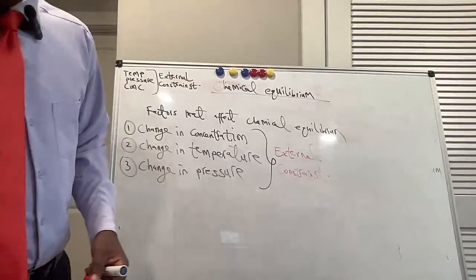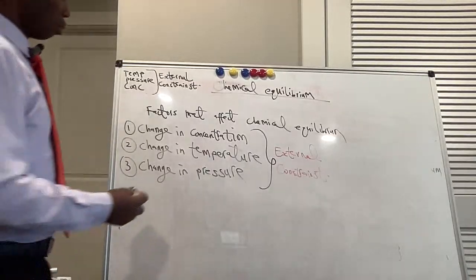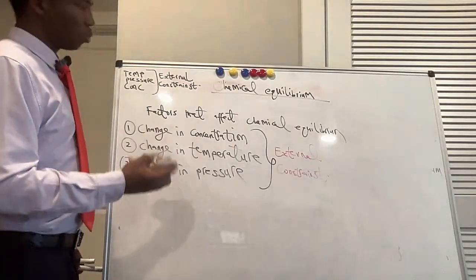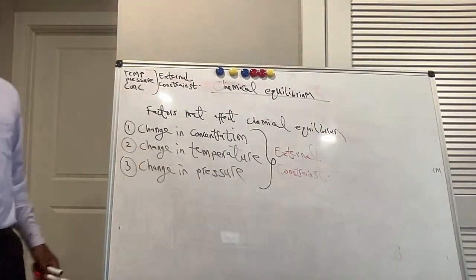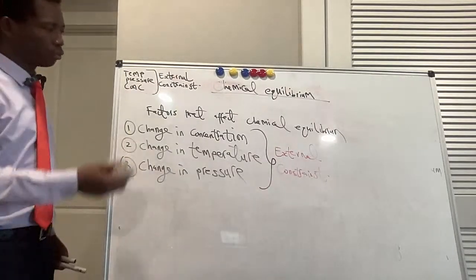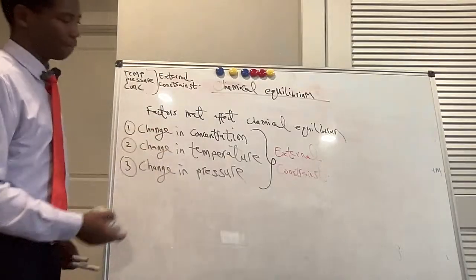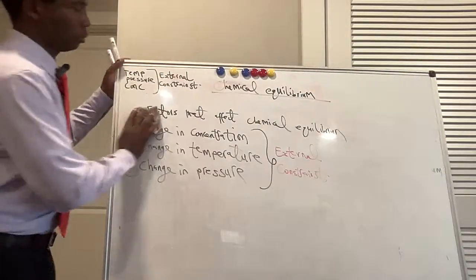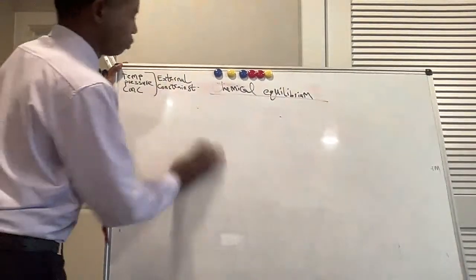We are still going to look at more explanation on what effect a change in temperature or pressure has, and what happens to a system at equilibrium when any of these factors are changed.